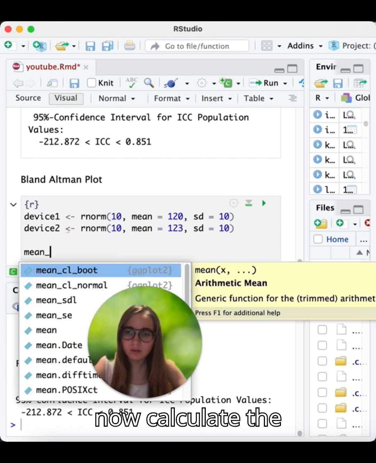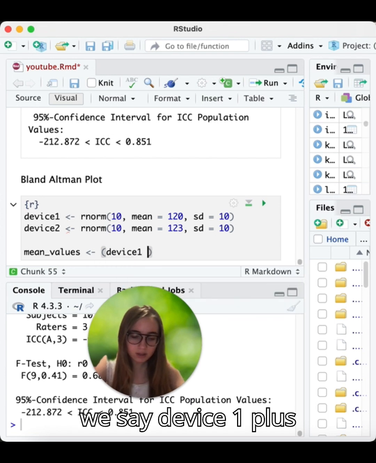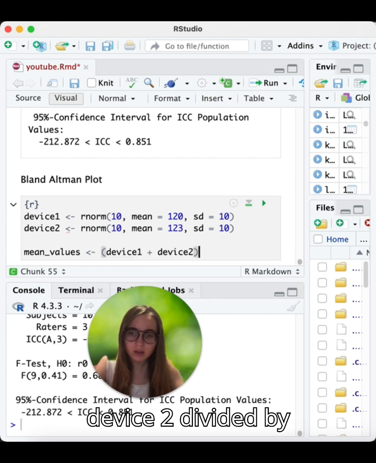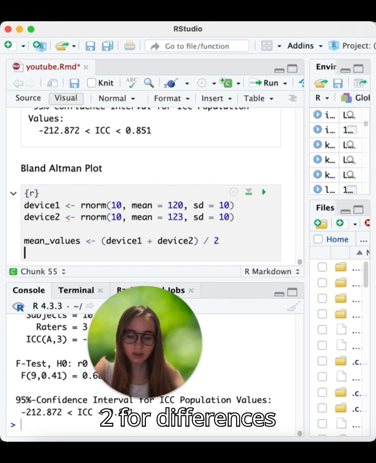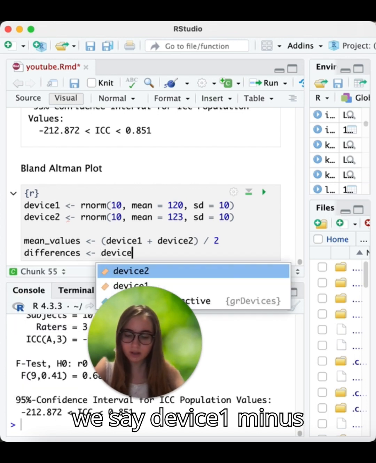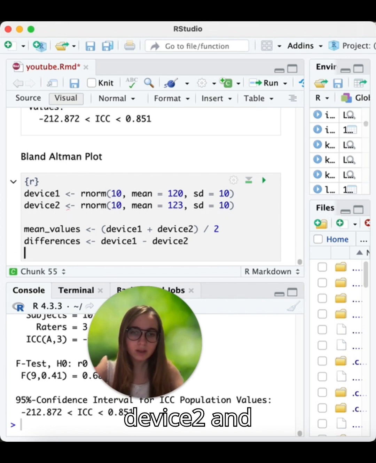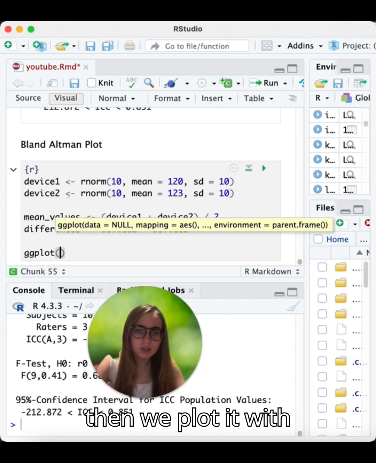Then we'll calculate the mean values: device 1 plus device 2 divided by 2. For differences, we say device 1 minus device 2, and then we plot it with ggplot.